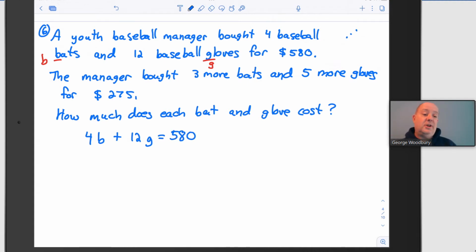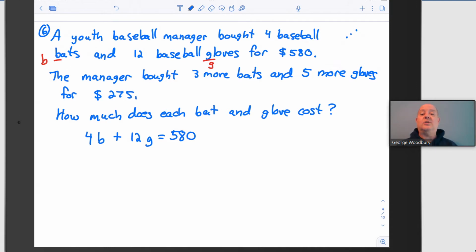By the way, if you like using x and y, you could write 4x plus 12y equals 580. But when I get to the end of this problem and I have b equals $37.50, I know that b stands for bat, and it helps me to remember which variable goes with which quantity. But it doesn't matter, pick your favorite letters, pick your initials. But I think picking the letter that goes with the unknown quantity makes a lot of sense.